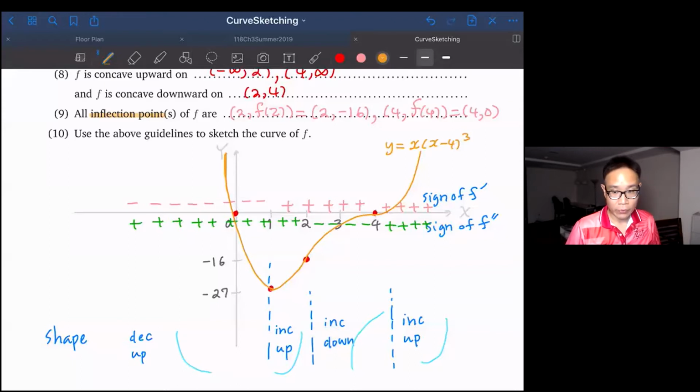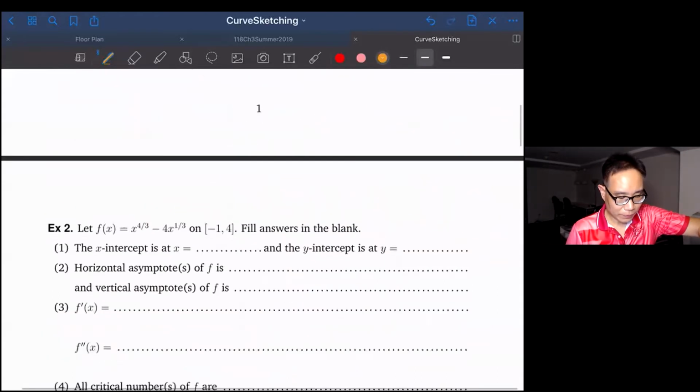Okay, and this one will be all for this question. It's gonna take time in order to gather information and in order to graph the function correctly. Okay, so let's do the next one.